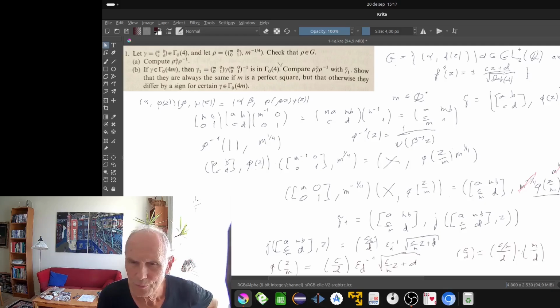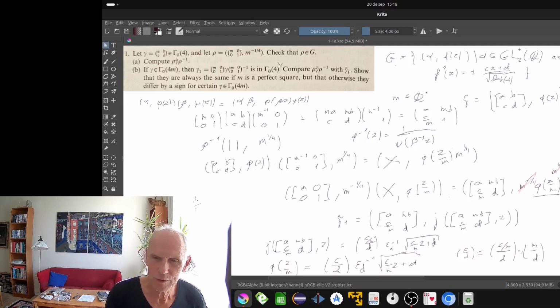And M, the index of M over D is plus minus 1, so that's the factor. So it depends on M and D. Whether it's plus or minus, they differ by a sign. And I found the exact sign, a formula for the sign. So that solves problem 1.